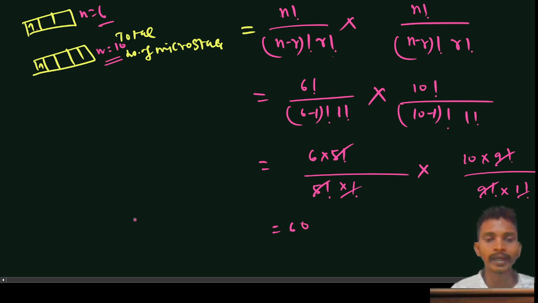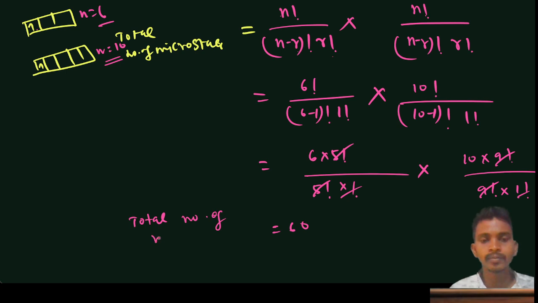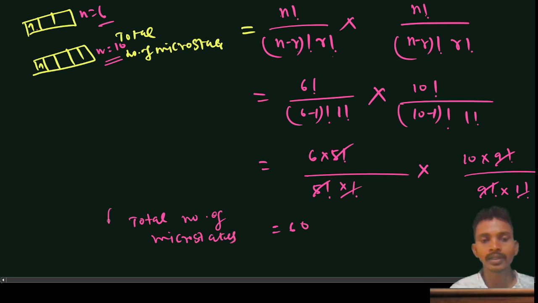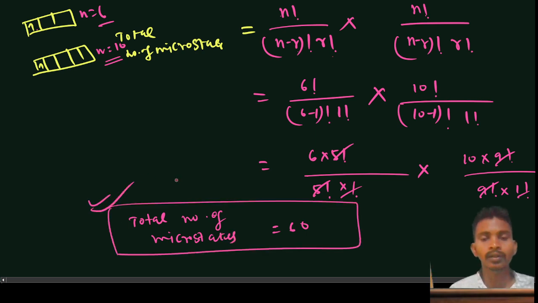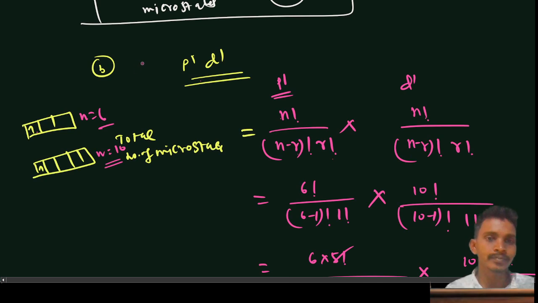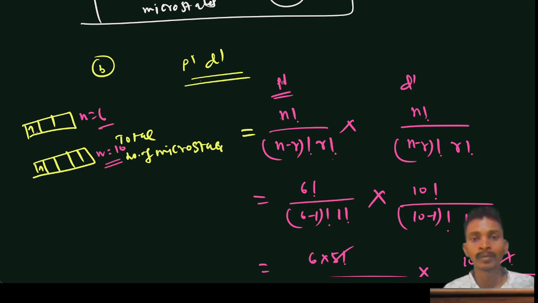So the total number of microstates is 60. If different orbitals are given, then we will calculate the microstates by taking different ways, for P1 one case and for D1 another case, like that.